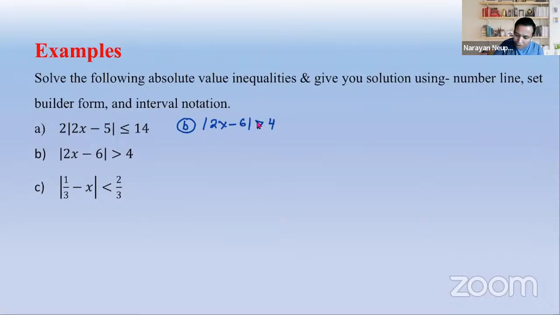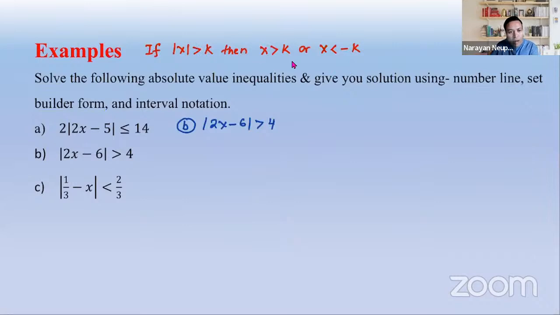Now, if you recall the definition, if the absolute value of x is greater than some value k, then we have two statements: x is greater than k or x is less than negative k. So we have two statements from the definition in the first slide.